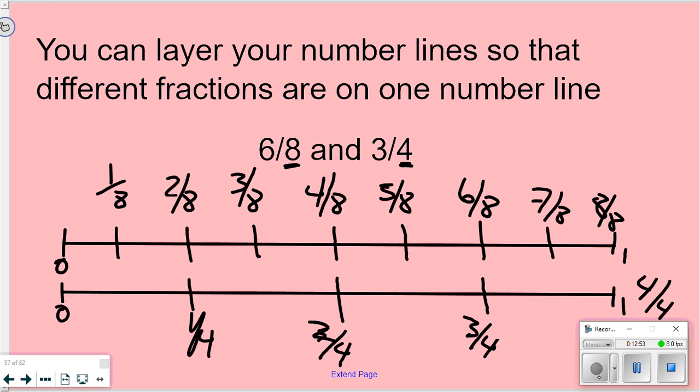It looks like 2 8ths and 1 6. One what? What are we counting by on that second one? I mean, 2 8ths and 1 4th. 2 8ths and 1 4th. What does it mean when 2 fractions are overlapped like that? What does that tell me?